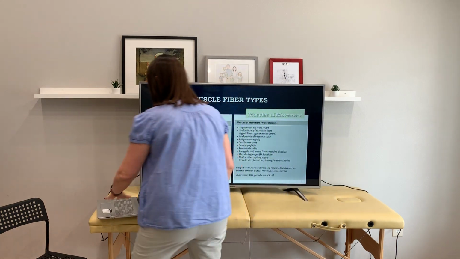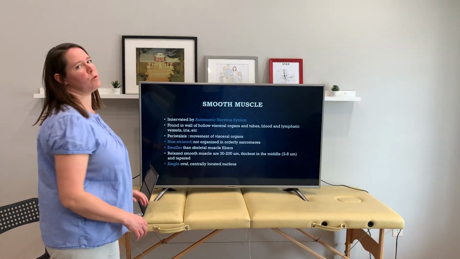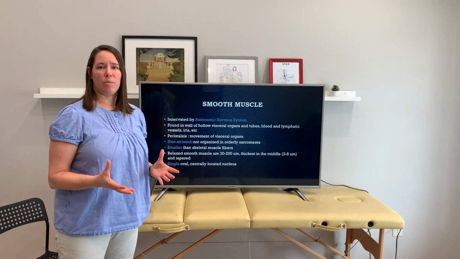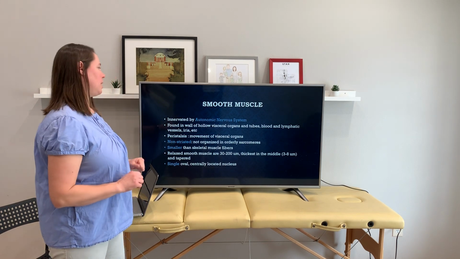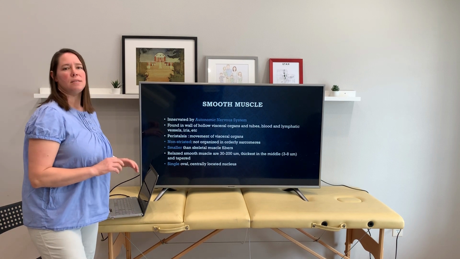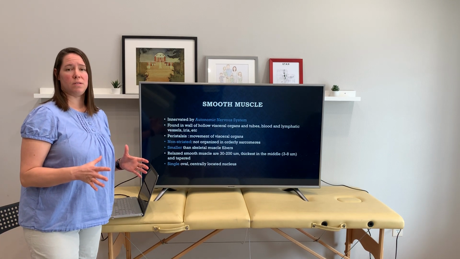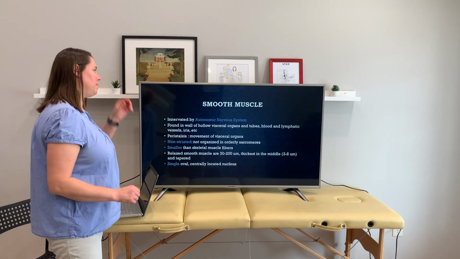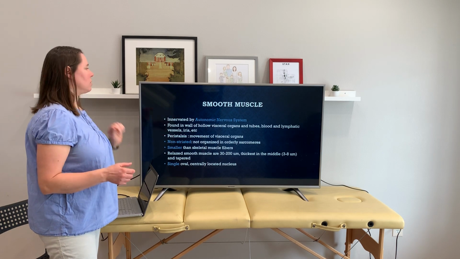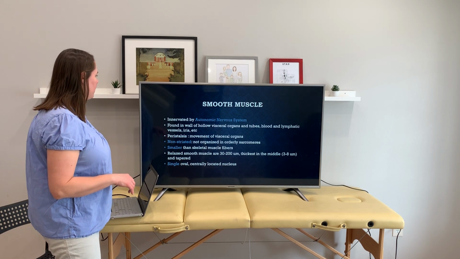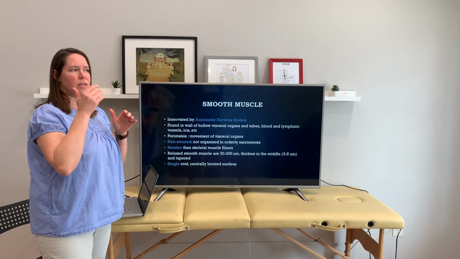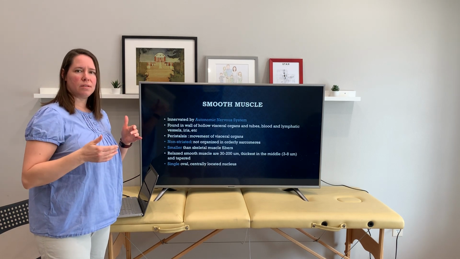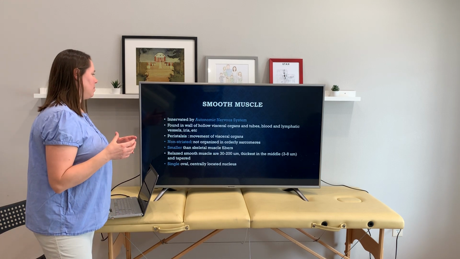When we move on to the other ones, smooth muscle is mainly for peristalsis, right? Moving food through the digestive tract. This is not the somatic nervous system. This is governed by the autonomic nervous system. Cardiac muscle is as well. And so you don't have these nice linear organized muscle fibers.